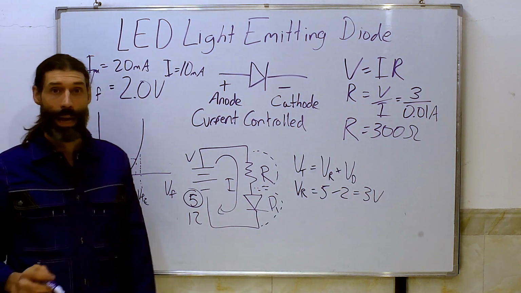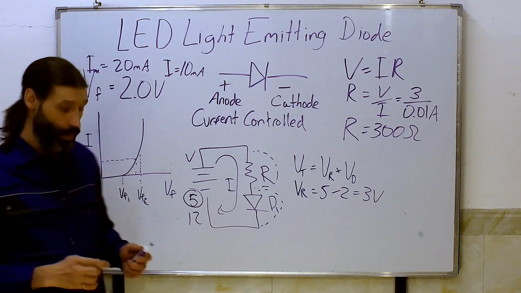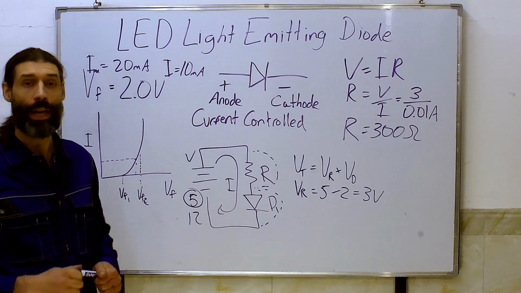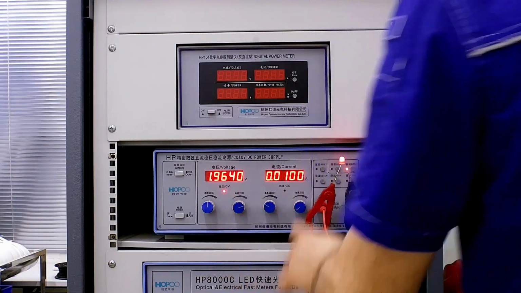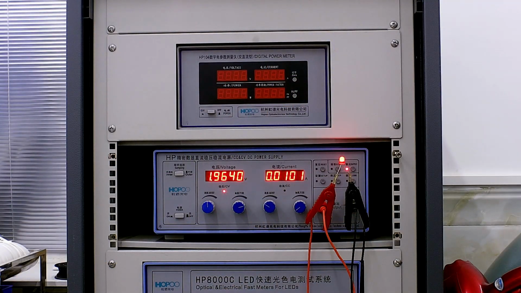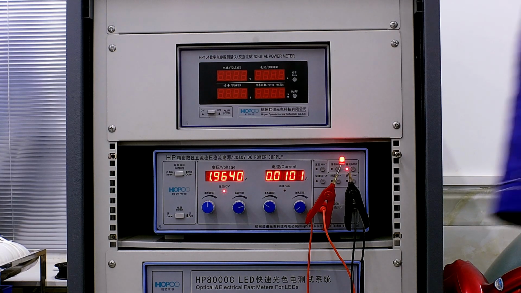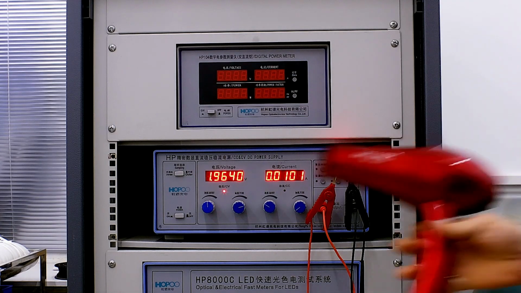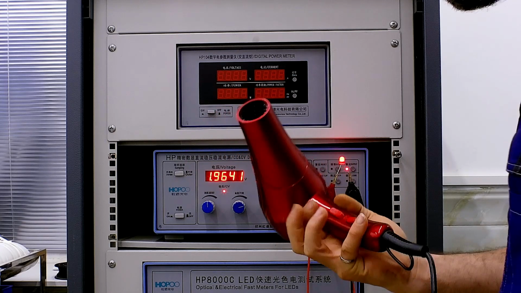All right, let's go to the lab and check out what happens when we run a small red LED with a 300 ohm resistor. We've got 10 milliamps and approximately 2 volts. Now let's see what happens when we heat it up a bit. I've just got a regular hair dryer.